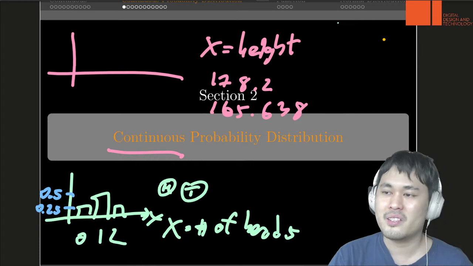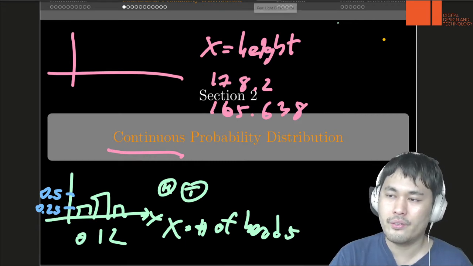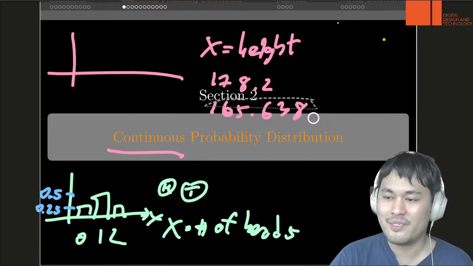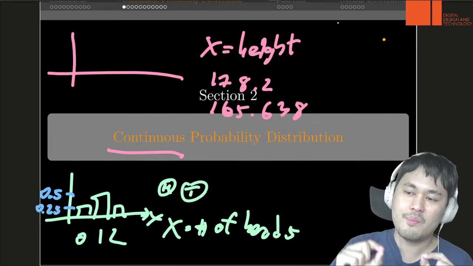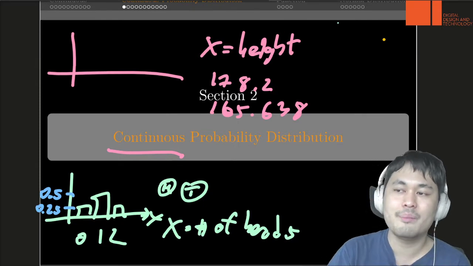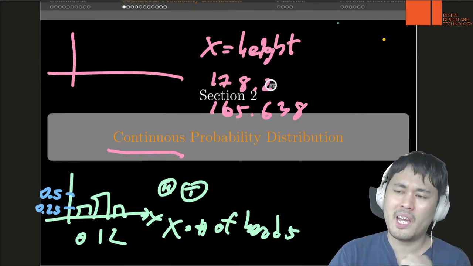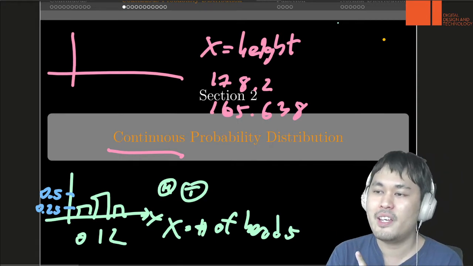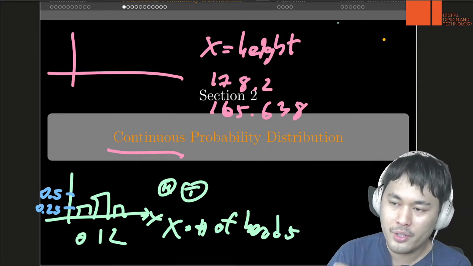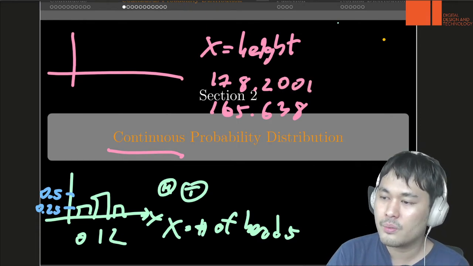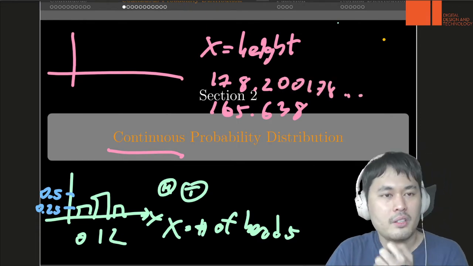But these numbers are not actually all the possible values, because if we keep measuring for the exact height, there is no exact number. I might measure that to be 175.2, but if I use a ruler with more precision, I might get something like 175.200178 and so on.